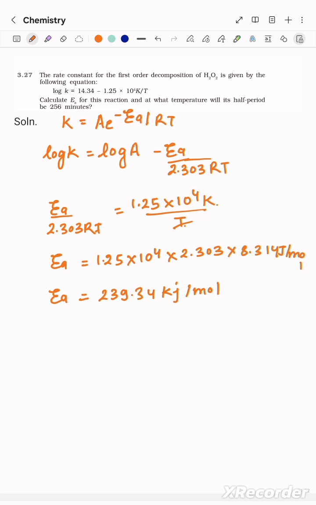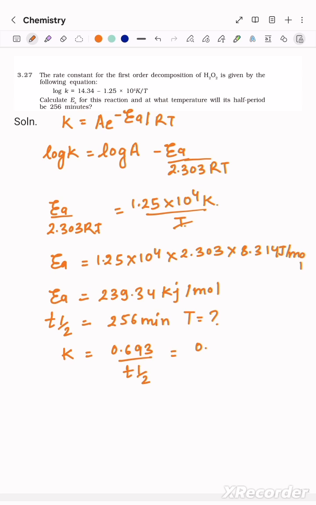Now what we have to calculate, Ea is calculated, and at what temperature will its half life period be 256 minutes, means t half is equal to 256 minutes. So temperature will be what? Now for a first order reaction, k is equal to 0.693 upon t half.